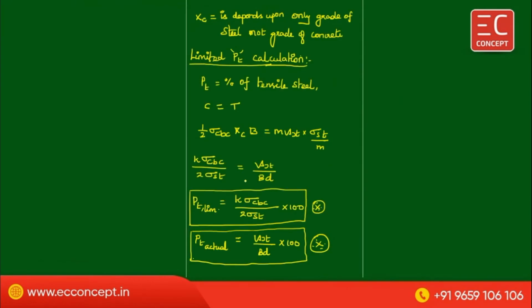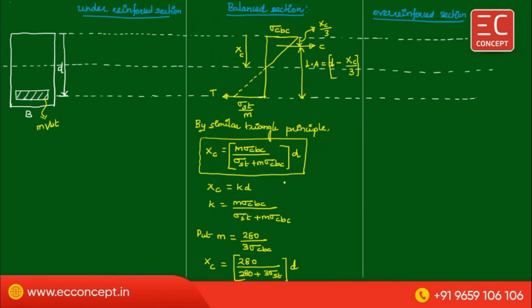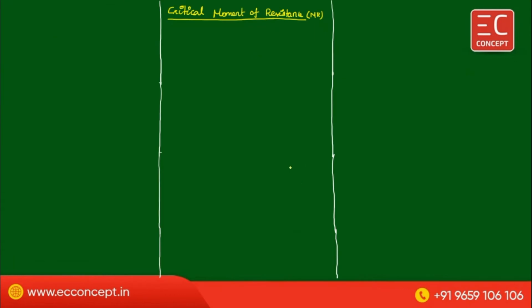This is the critical moment of resistance. Critical moment of resistance, that is MR. And before that I wanted to say here XC means the critical neutral axis. Okay, be careful. Now see, this is the critical moment of resistance.